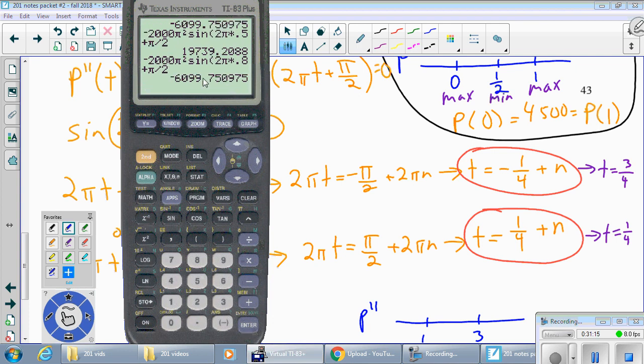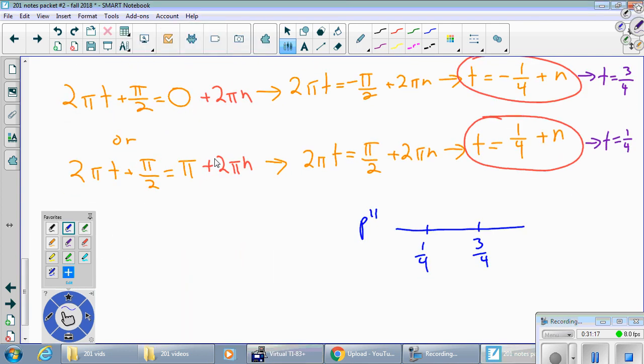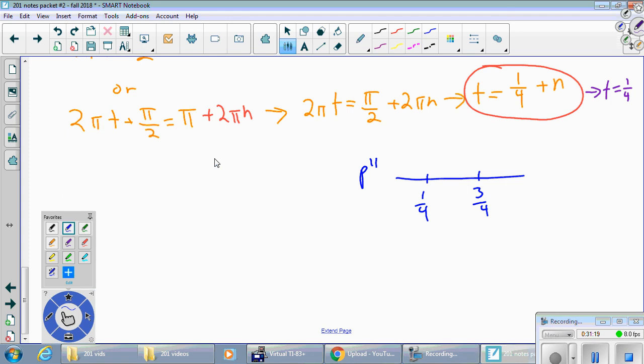So it was negative, positive, negative again. Great. Negative, positive, negative. That means that the function one level up from p double prime, which is p prime, was decreasing and then increasing and then decreasing. So for p prime, 1/4 is a min and 3/4 is a max.